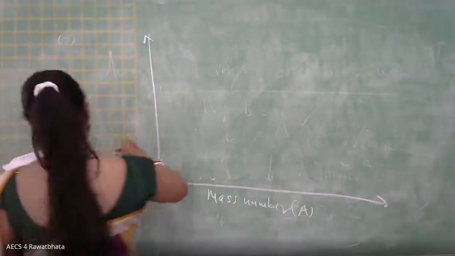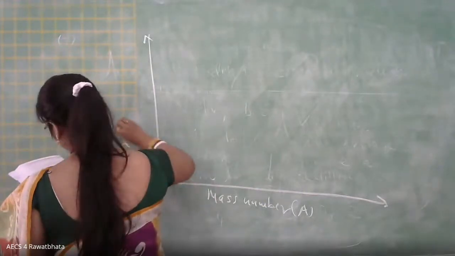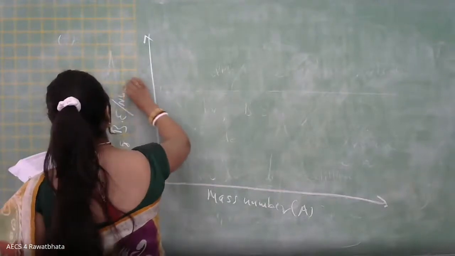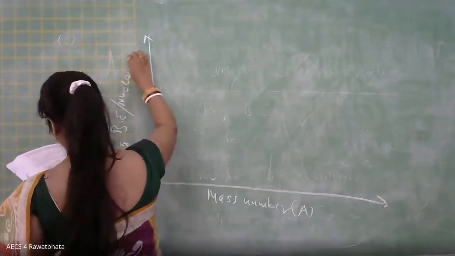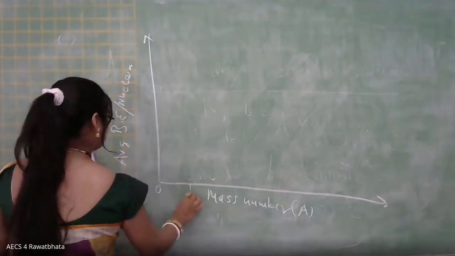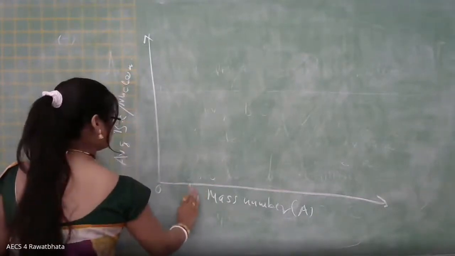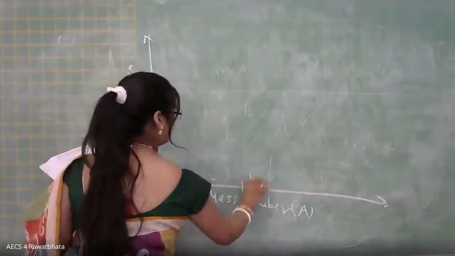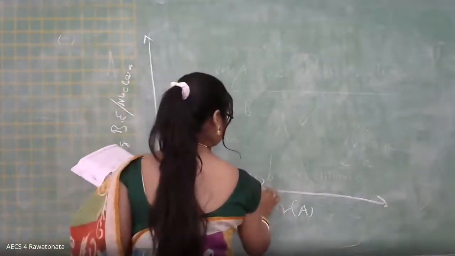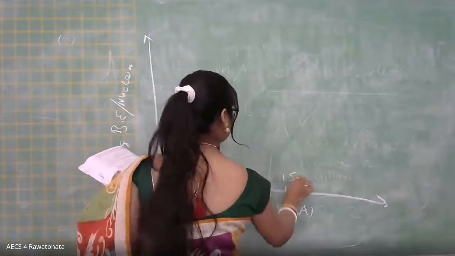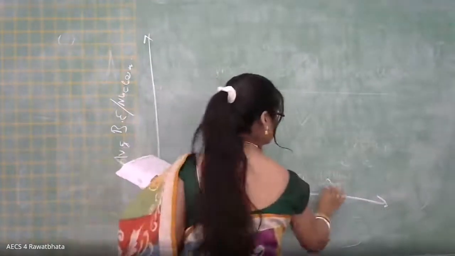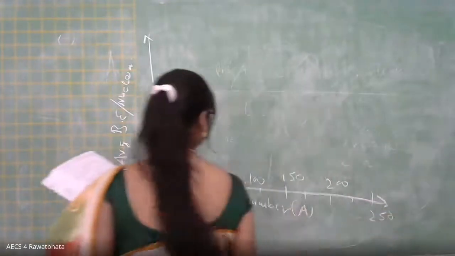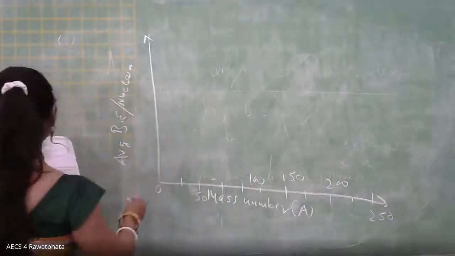Here we are having average binding energy per nucleon. Here we have 0, here 50, here 100, then 150, then 200, then 250. Atomic mass number we are taking, and here average binding energy.